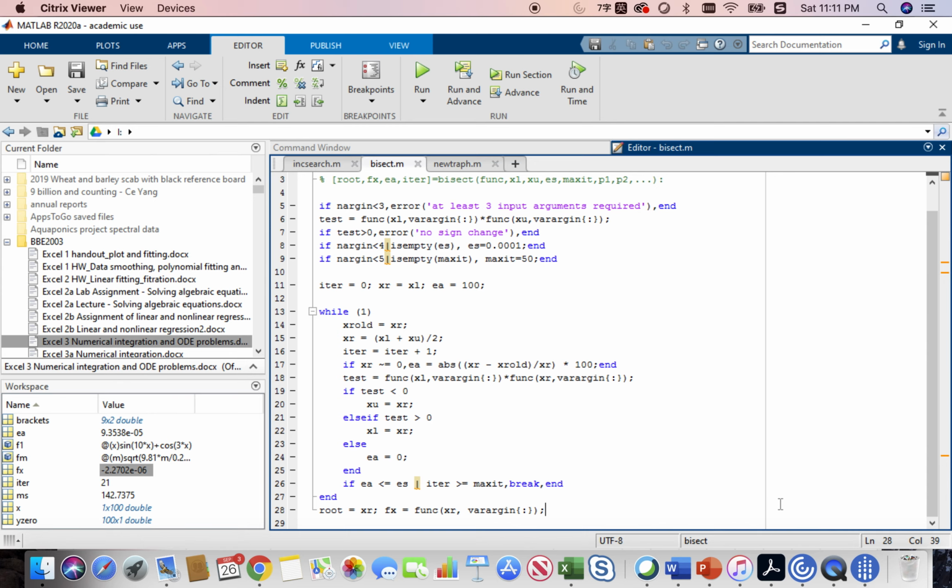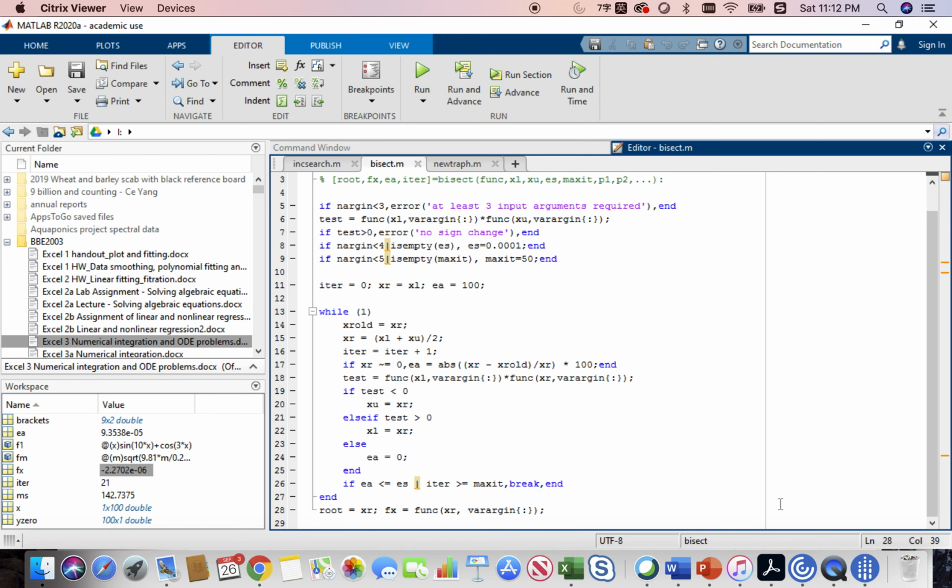So now we can start to calculate the error by using the formula given in the bisection method in the lecture, which is the absolute value of xr minus xrold over xr times 100. And of course here xr is in the denominator, so it cannot be 0.